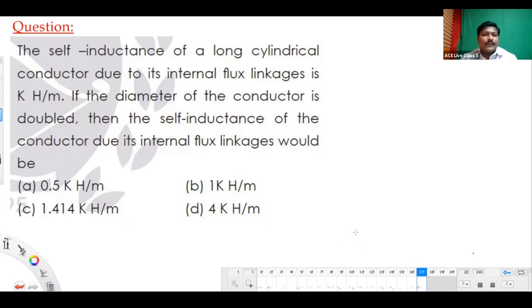See this first of all. They have given the self-inductance of the conductor, but they have added one term: self-inductance due to internal linkages. For the time being, keep this problem aside. Think about what I am discussing now.